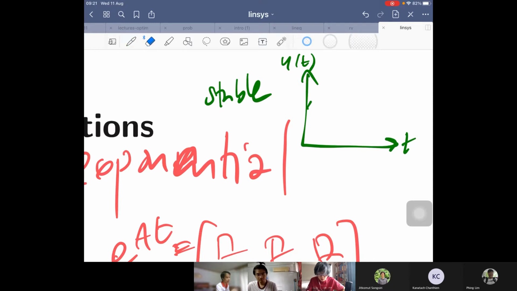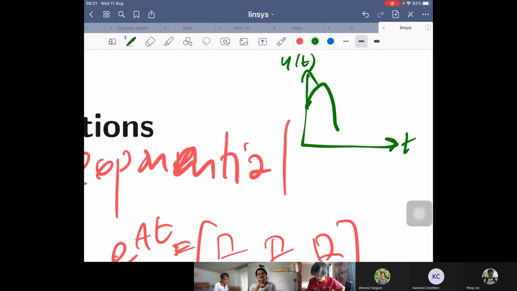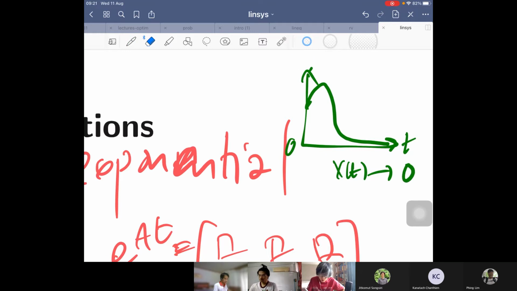Yes, you say that, but let me just adjust so that we can say the state variable converges to 0 as t goes to infinity, as long as your input u is bounded.